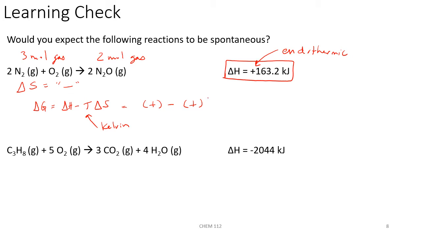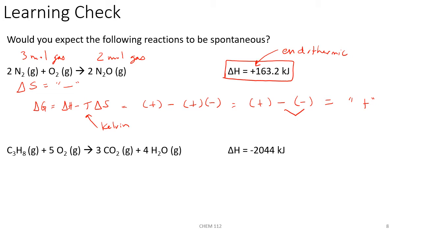And our delta S is a negative value. So in this case, we end up with a positive value minus a negative times a positive, which is another negative number. Notice that we now have a negative times a negative, so we're going to end up having a positive number for our delta G no matter what.